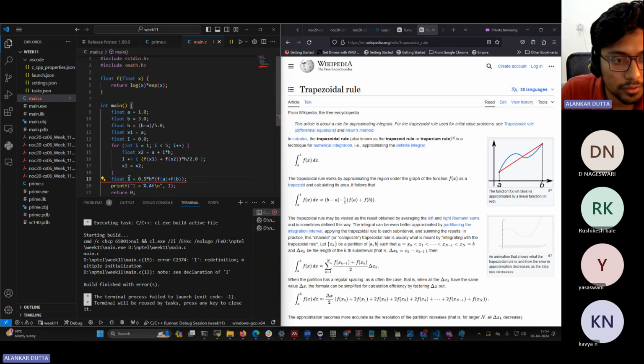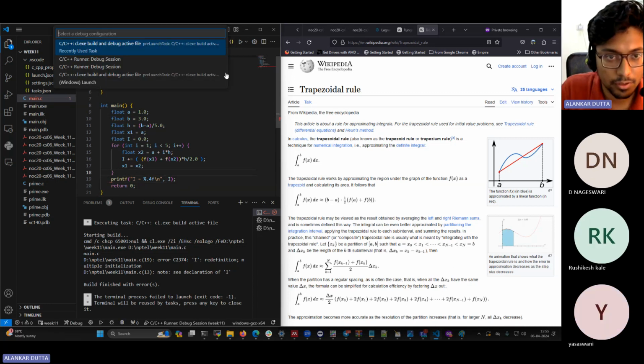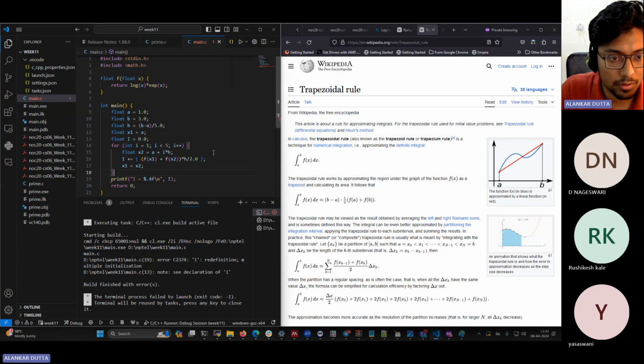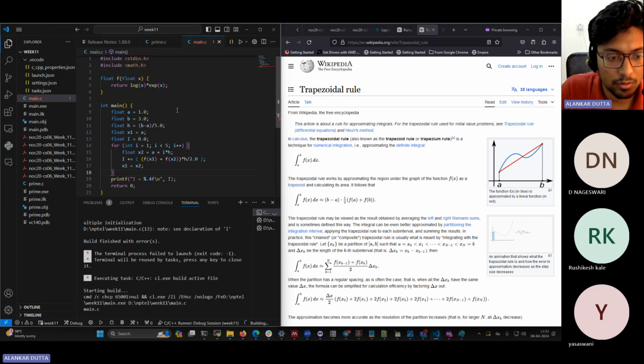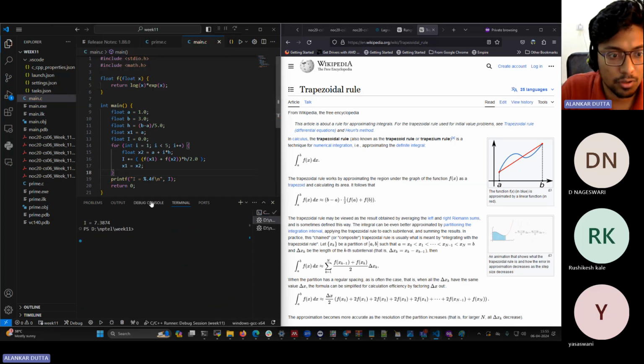So okay, I think what I have done is wanted to get rid of one of the lines from the older program, and now this looks fine. So let's just run this. You see, it's 7.3874.